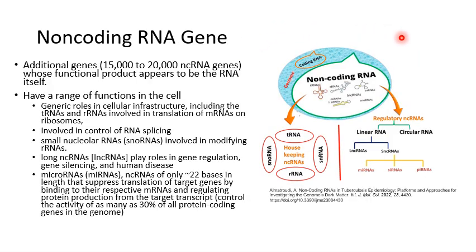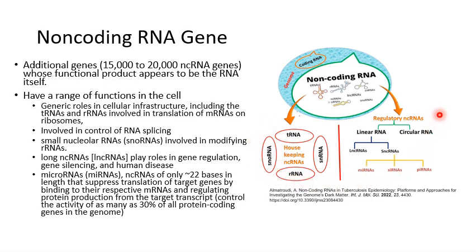So, as we have emphasized earlier, the non-coding RNA genes are important as regulators of the functions of the cells. I think I have to mention the other types of RNA I haven't mentioned earlier. We've mentioned earlier the transfer RNA and ribosomal RNA, which play an important role in translation in the ribosome. But we have other things like small nuclear RNA, snRNA, involved in the modification of these ribosomal RNAs.